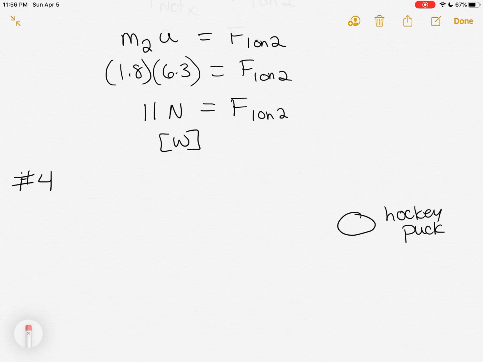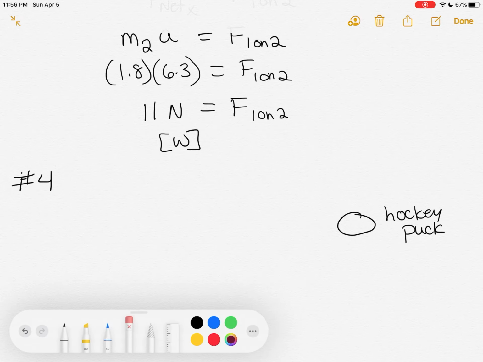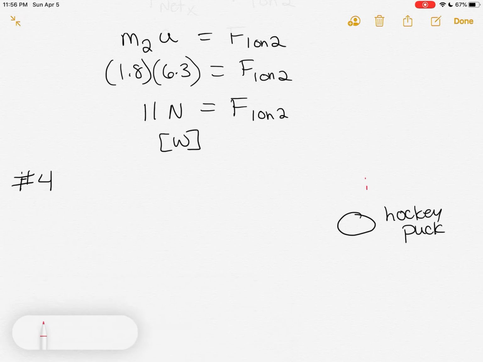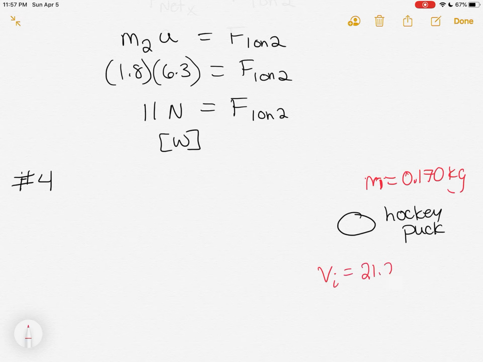Let's write this in red. So the mass of our puck is 0.170 kilograms. And it's initially moving, so we have a VI of 21.2 meters per second to the west, and it's moving along the ice.